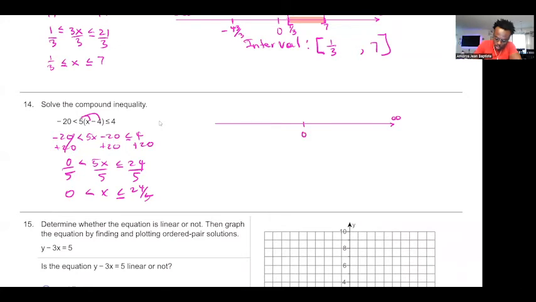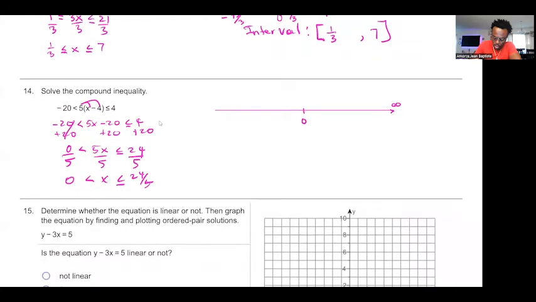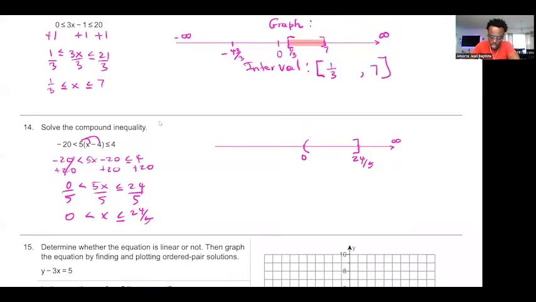Your graph, that's 0, and it's one of the numbers that I want, and then 24 would be on the right, obviously, 24 over 5, and a bracket on 24 over 5, and then a parenthesis on 0. And then we do need to shade the section that represents the solution. In this case, it's going to be the inside part.